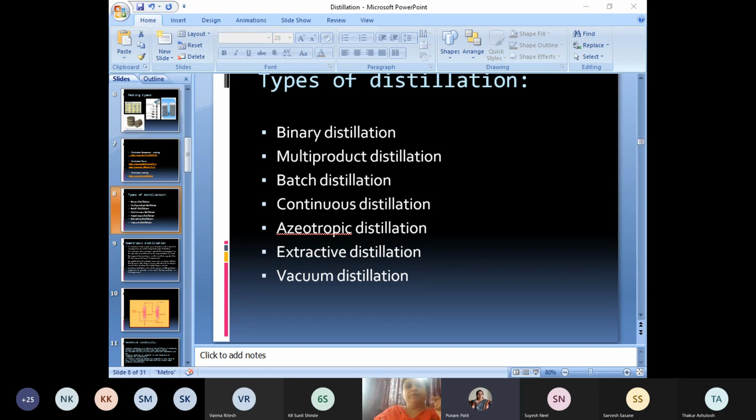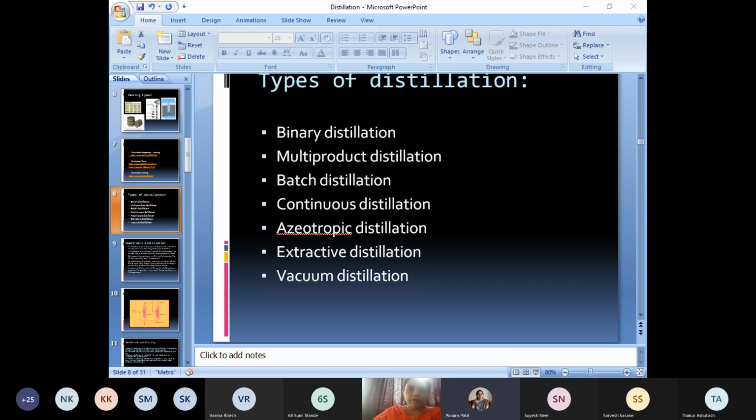The boiling points of the two components which are added to form the azeotrope are different, but when they are mixed, the whole mixture gets one single boiling point. Then it is called an azeotropic mixture. So for an azeotrope, even if you pass that feed through the distillation, you will get the same proportion in the top product as well as in the bottom product.